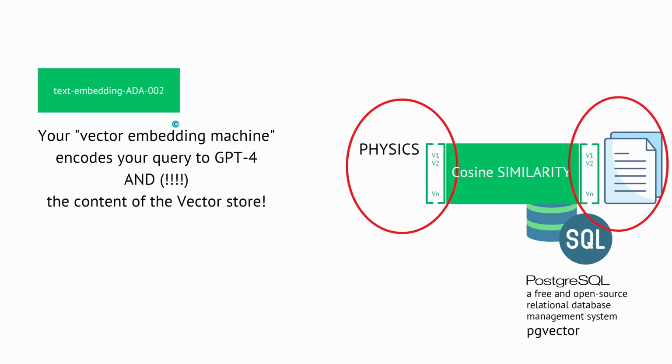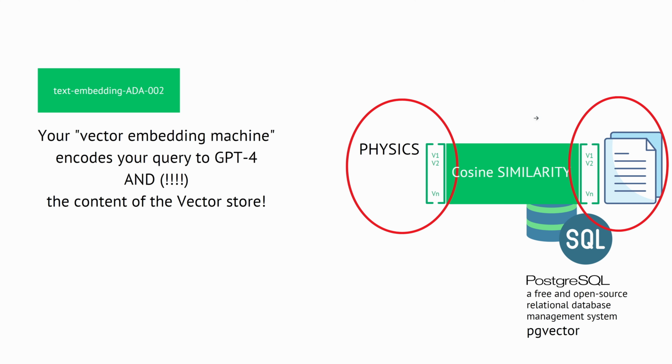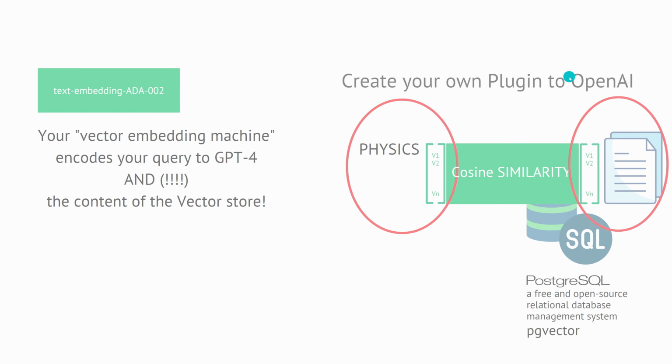They won't fit. So there's only one source for the query embedding and the answer embedding, the content of your vector store. Does it have to be OpenAI? No. Does it have to be GPT-4? It is never GPT-4. It is the text embedding Ada 002 model, not GPT-4. Okay, absolutely clear about this.